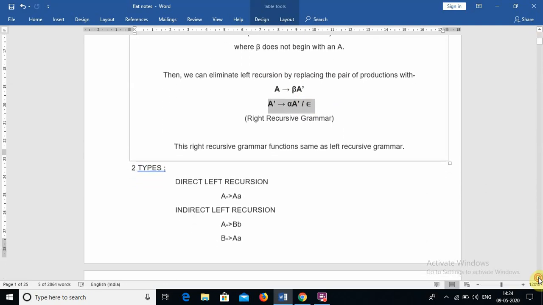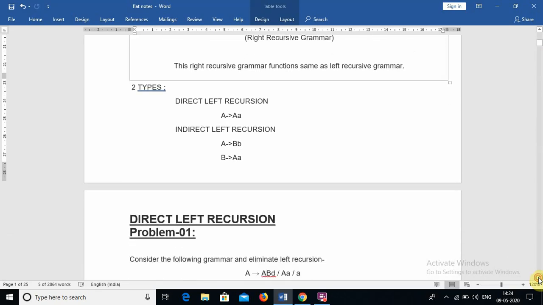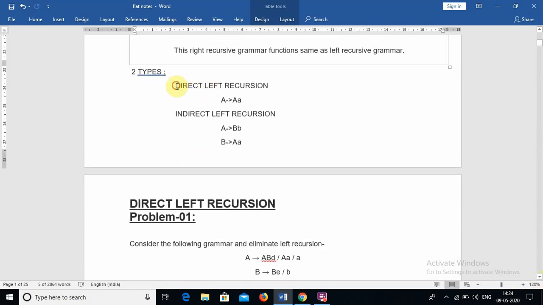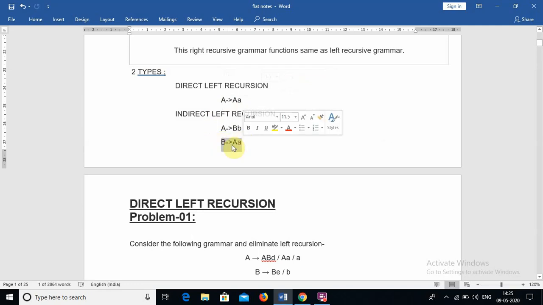In general, left recursion can be of two types. One is direct left recursion and the second one is indirect left recursion. Direct left recursion means that on the RHS side we have a direct leftmost symbol the same as the LHS. But when it comes to indirect left recursion, the recursion appears if you substitute the B value, that is A to Aa here. So what will happen actually?